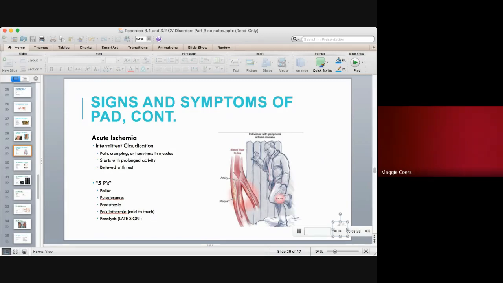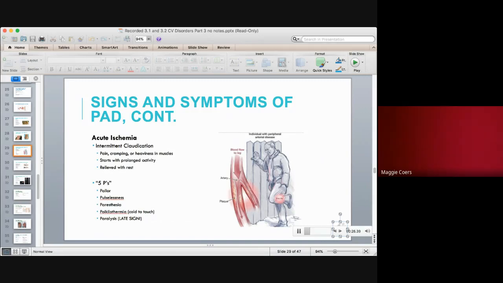So, the signs and symptoms of peripheral artery disease. We talked about some of them already in the first couple of slides, but some other signs and symptoms of acute ischemia include what we call intermittent claudication. Intermittent claudication is like angina pain to the heart.